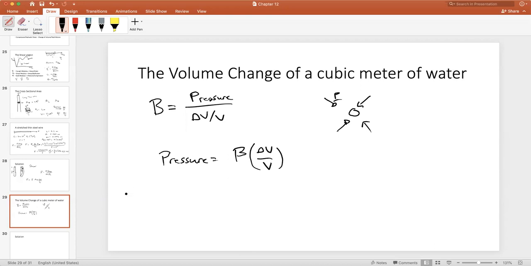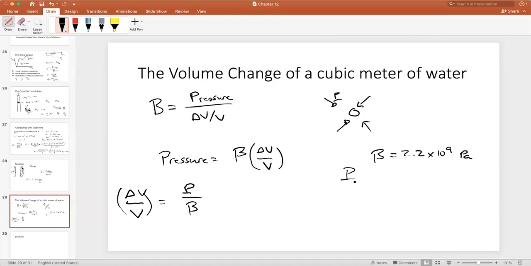So what we need to solve is the fractional volume change is equal to the pressure, P, divided by beta for water. And beta is the bulk modulus of water. The bulk modulus of water, it turns out, is about 2.2 times 10 to the 9th pascals. And again, pascals are newtons per meter squared. They're force over area. The pressure in space is 0, but the pressure at sea level is actually 1 times 10 to the 5th pascals.